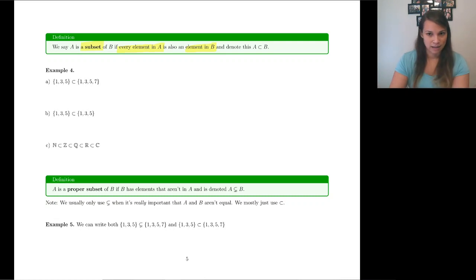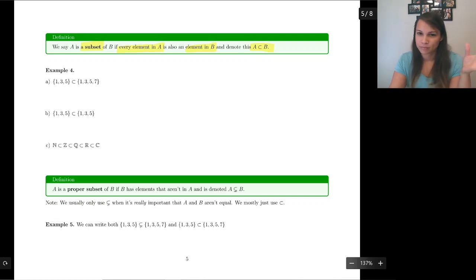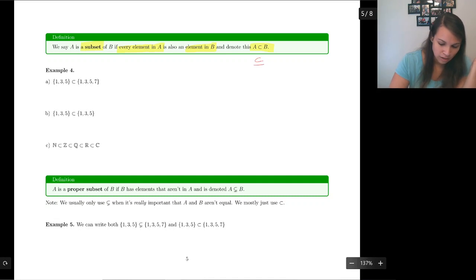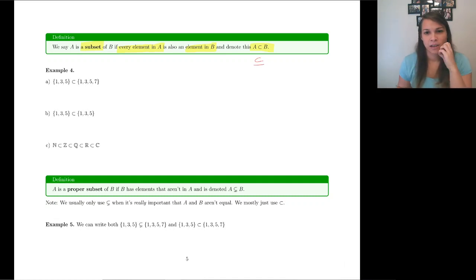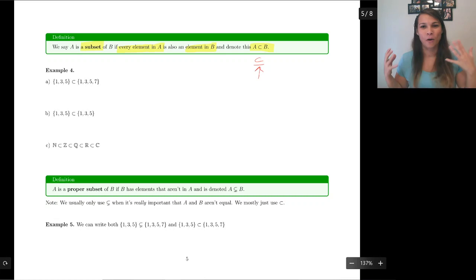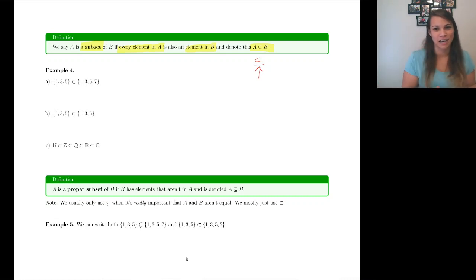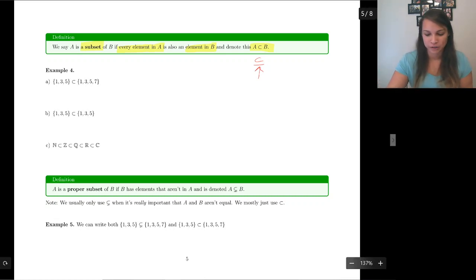It says nothing about that. And then we're going to denote that with this little C-looking notation. Your book used this with the line under it. Nobody writes that. Mathematicians, I guess, are just too lazy to write this little line, because what it says is subset or equal to, and we're just too lazy to write that.